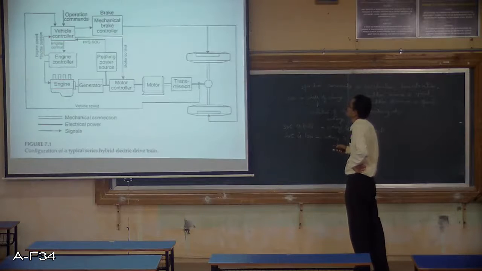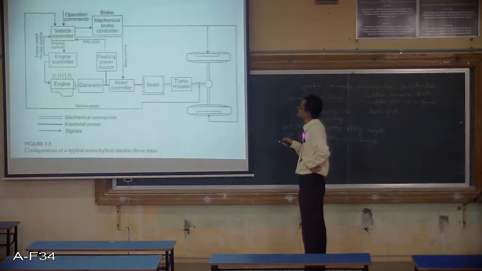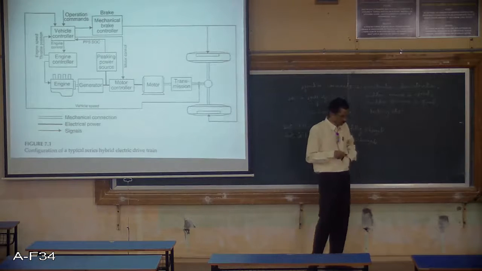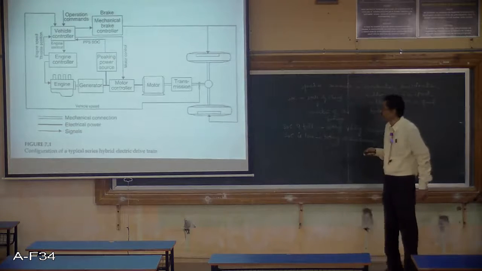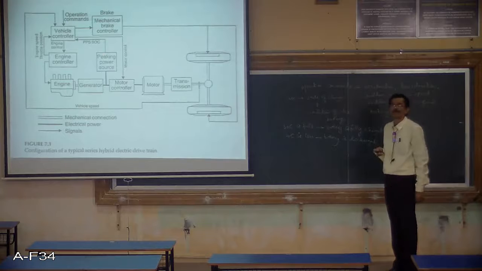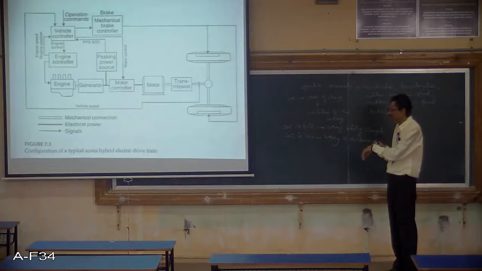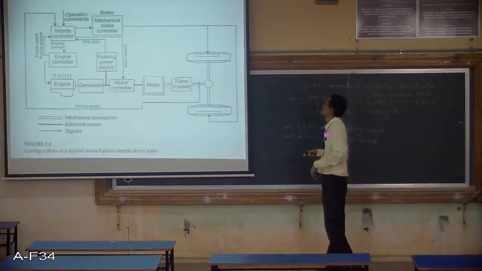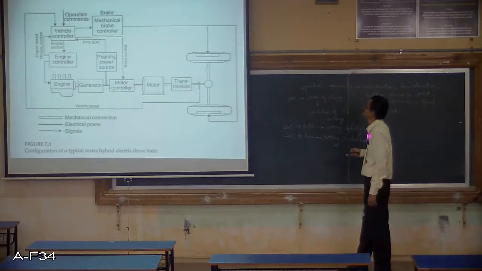So here in the block diagram, whatever peaking power source you have, this peaking power source can be a battery, it can be a flywheel, or it can be an ultra capacitor. So this ultra capacitor and all these fundamentals are there in unit 4. Okay. So accordingly you can design this drivetrain and carry out the things.